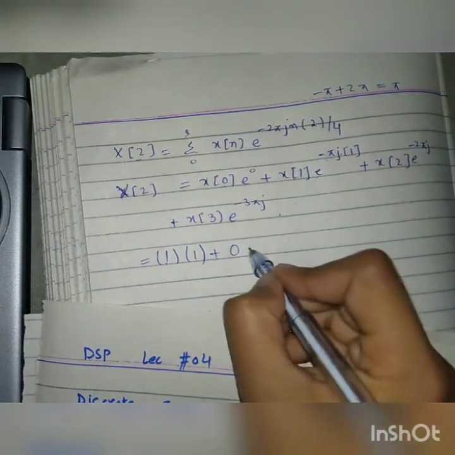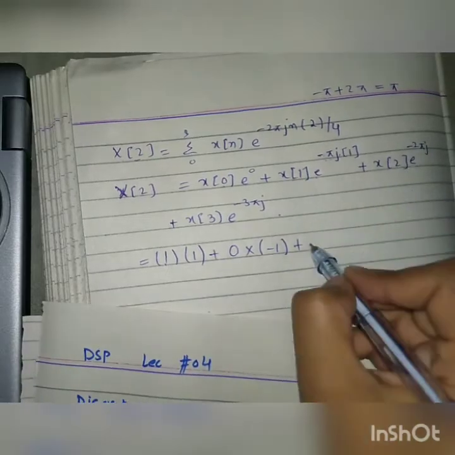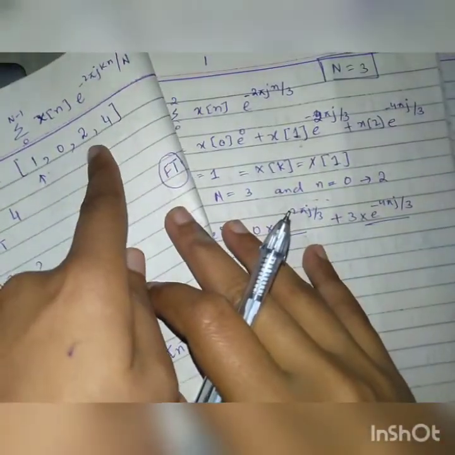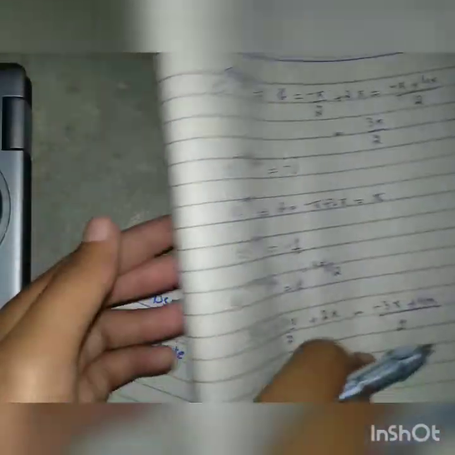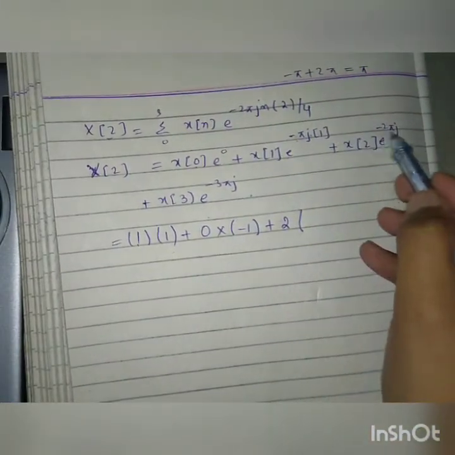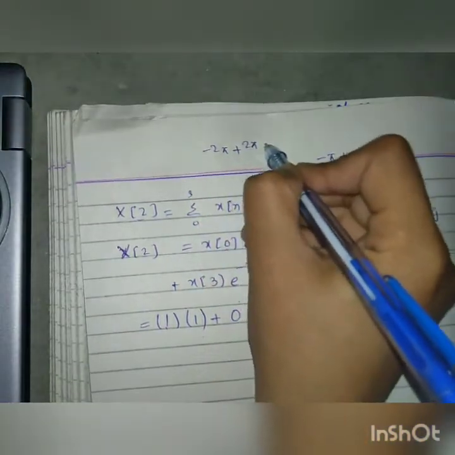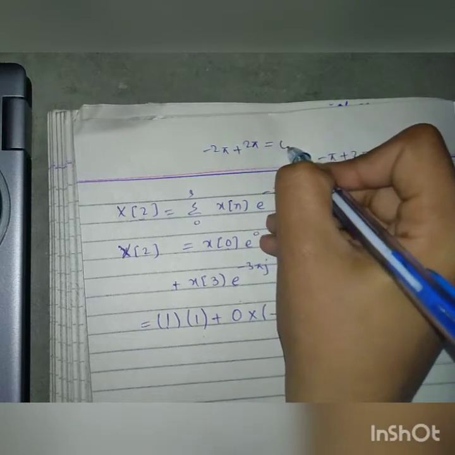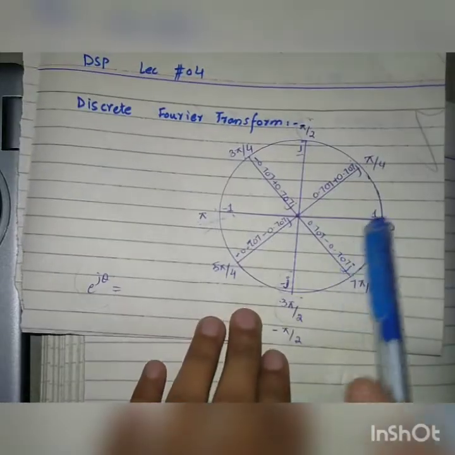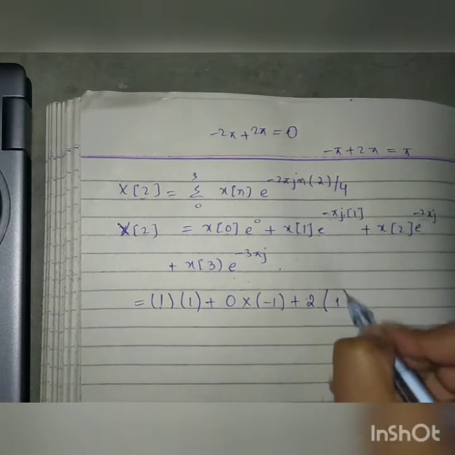Plus x(1), which is 0, multiplied by this value, -1, plus x(2), which is 2, into e^(-2πj). We have -2π + 2π, and that is equal to 0. From this circle we have the value of 1 at position 0, so this will be 1.